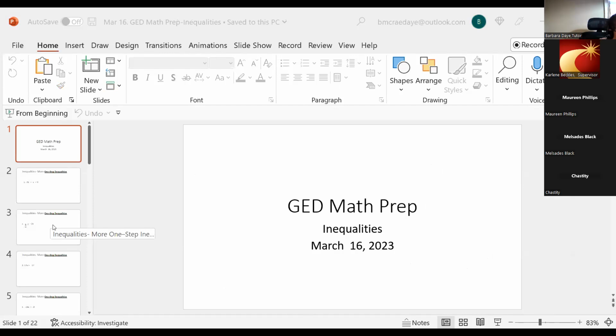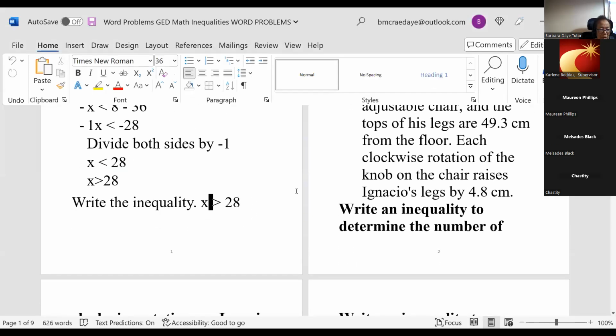This one is x divided by -6 greater than 20. That was number one. Let's go to number two.